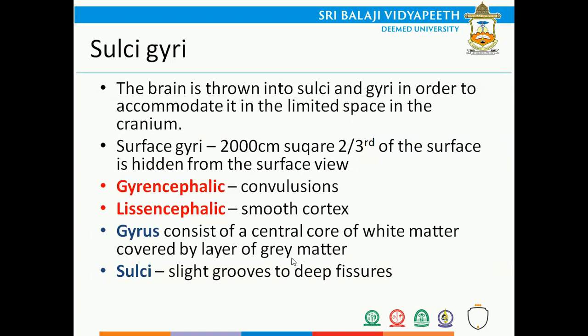While the sulcus is a slight groove that forms a depression between two gyri. So between two elevations, you always have a depression, isn't it? That depression is called a sulcus. And these slight grooves will form deep fissures on the cerebrum. These deep fissures will enhance the size of the brain, and it will help in expanding the surface area of the cerebrum.